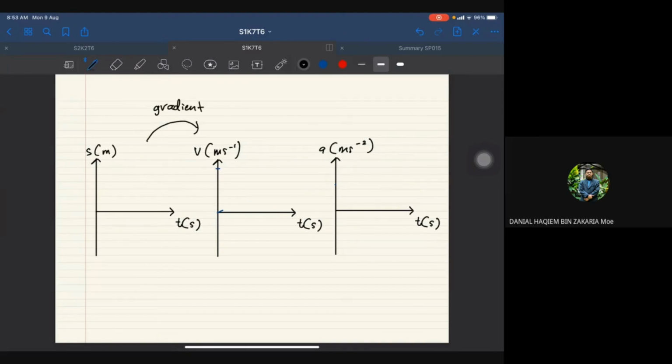Okay, the same thing applies from velocity against time graph. You can find the acceleration by calculating the gradient. Okay. If you want to find from acceleration graph, you want to find the velocity, you can find the area under the graph. Same case over here, applied.